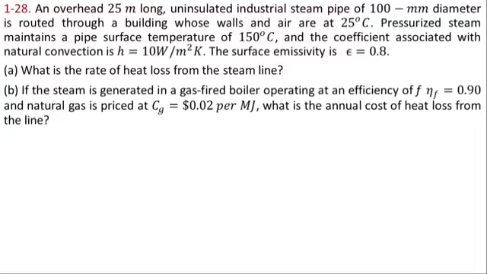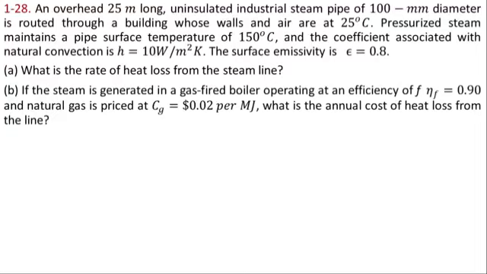Pressurized steam maintains a surface temperature of 150 degrees centigrade, and the coefficient associated with natural convection is h equals 10 watt per meter square Kelvin. The surface emissivity is epsilon equals 0.8. Part A, what is the rate of heat loss from the steam line?